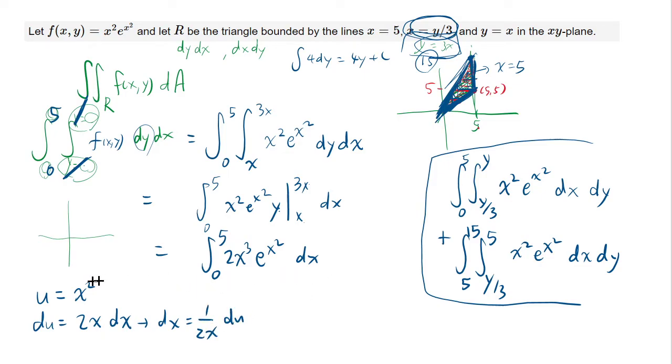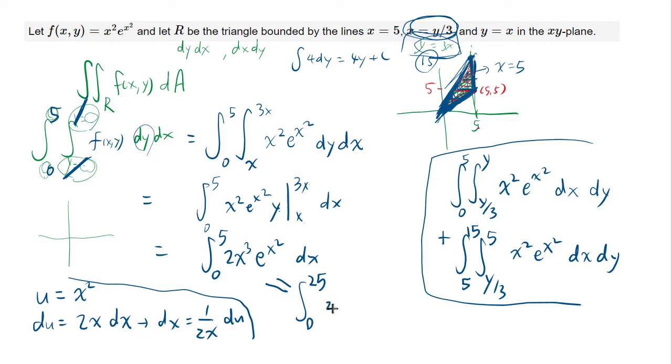So we are ready to do a change of variables. Another thing is, since u is x squared, when x is 0, u is 0, but when x is 5, u is 25. That's one piece of information that a lot of people have missed in Calc 2, so hopefully you know that you have to do that in this case.